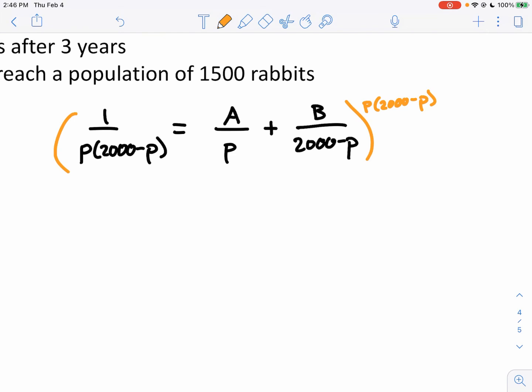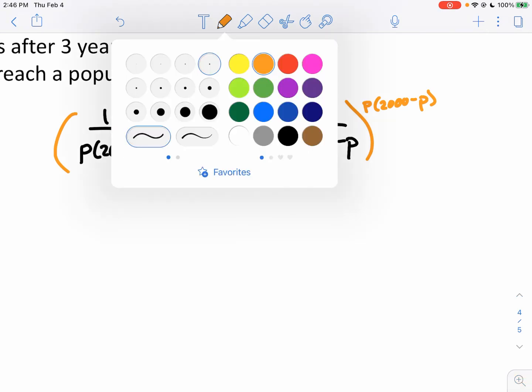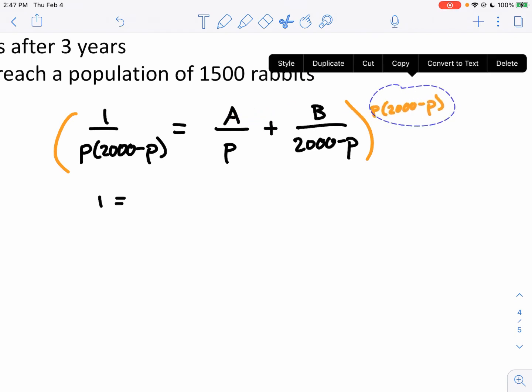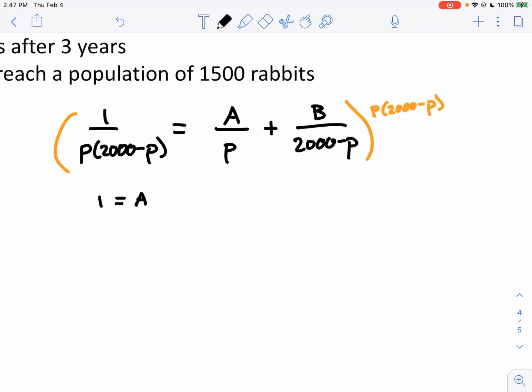This should clear out all of your fractions, giving us a statement that reads 1 is equal to, and when I distribute this to here and cancel the P's, we get just A times 2000 minus P. Then I distribute this to this second fraction and cancel the 2000 minus P's, and I get BP.